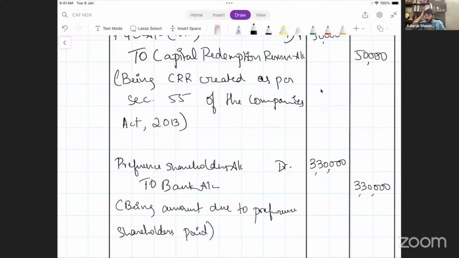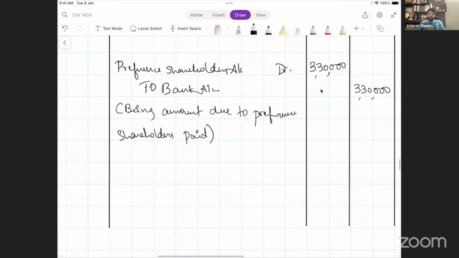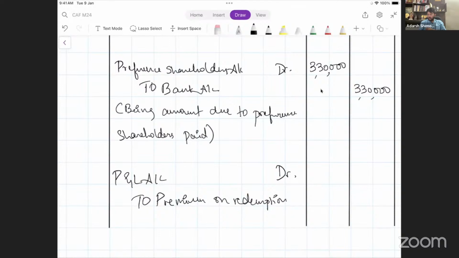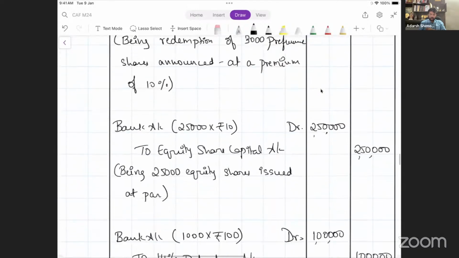Paid. Do we have the premium on redemption to write off? Yes, there's 30,000 premium. Last year, write that off as well. P&L account debit to premium on redemption account. There was that expense here.